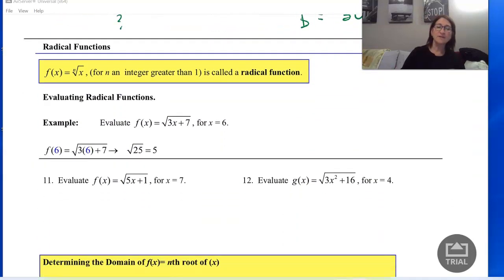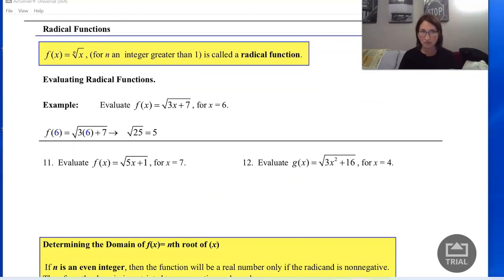All right, let's look at radical functions. So I've got a function, f of x is equal to the nth root of x. That's a radical function, okay? So if we're given a function, f of x is equal to the square root of 3x plus 7 for x equals 6, all I do is I plug 6 in where that x is.